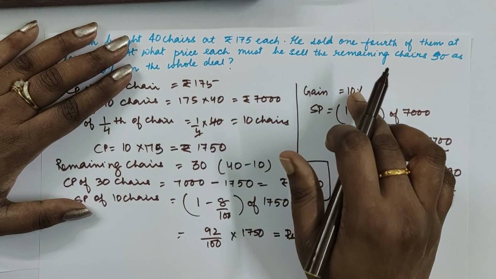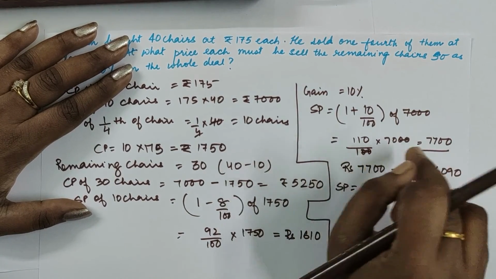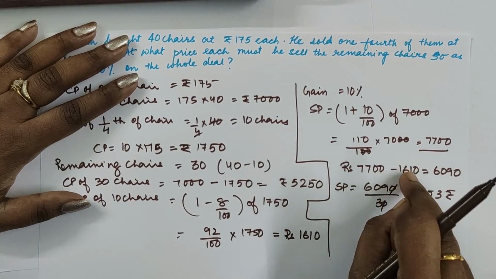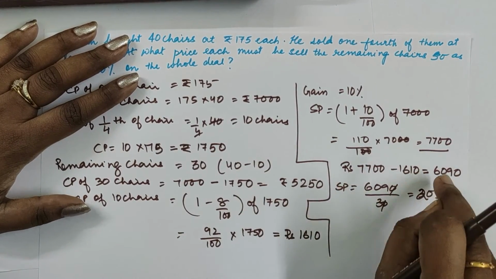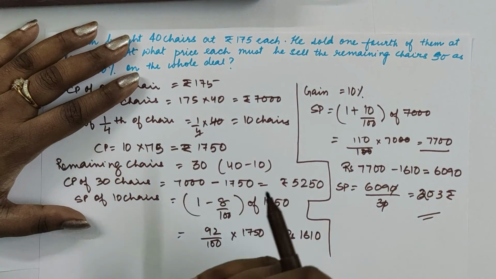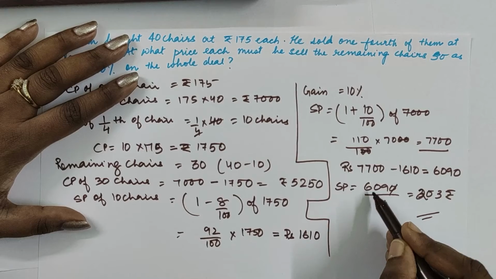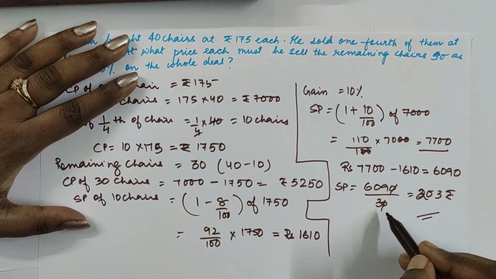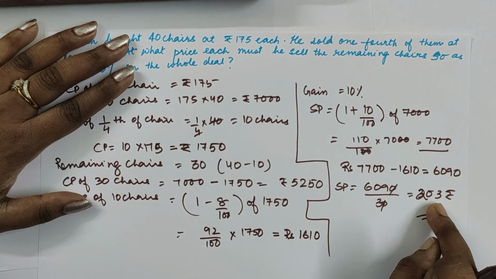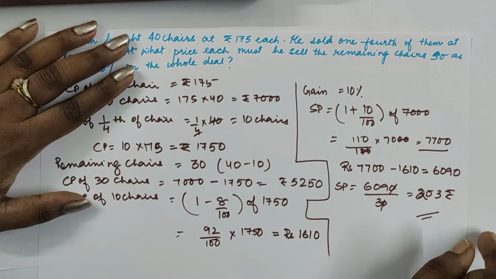So he wants to make a gain on the remaining amount. The selling price should have been 7700, and already 1610 is recovered. So 6090 rupees he has to make up so that he can get a gain of 10%. That's why we are dividing this amount by 30, because that many chairs are left. So the price of each chair comes to around 203 rupees.